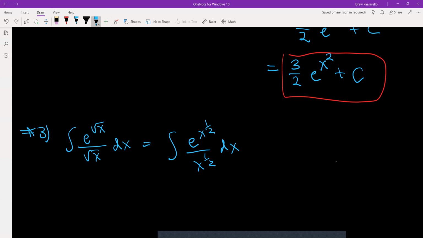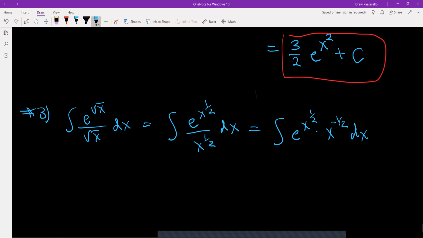Well, since I have x to the 1/2 in the denominator, I can bring that up to the numerator by making that a negative exponent. So I have e to the x to the 1/2 times x to the negative 1/2, and then dx.